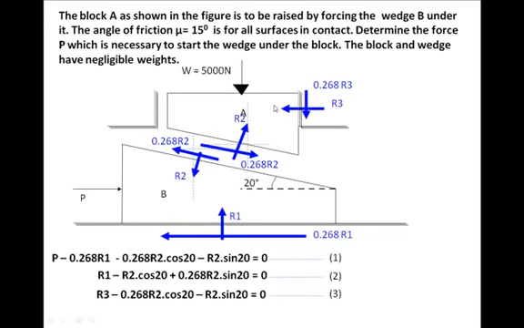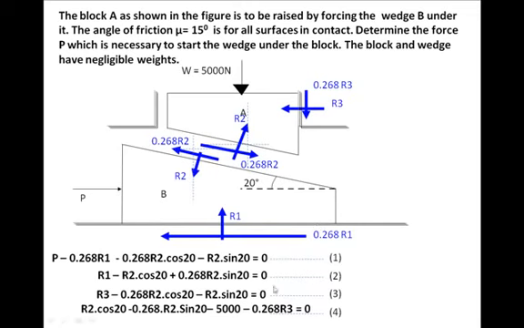And sigma Fy is R2 cos 20 plus 0.268 R2 sin 20 minus 5000 minus 0.268 R3. Mind you, here the motion is trying to be upward, so upward forces are positive and downward forces are negative. And for block A, because block B tries to move towards the right, block A tries to move towards the left, and that's why here this R3 is positive and the rest of them are negative. So we have sigma Fx = 0 and sigma Fy = 0 for the upper block and the lower block.